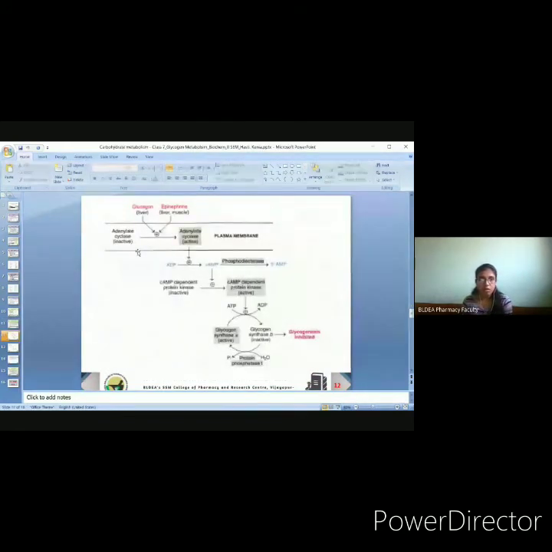You can see that whenever the glucagon and epinephrine levels, both of which are hormones, are high, these will be released from the organs, and they will come and attach to the plasma membrane of the cell.